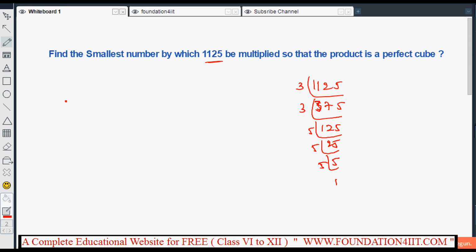So 1125 I can write as 3 into 3 into 5 into 5 into 5.